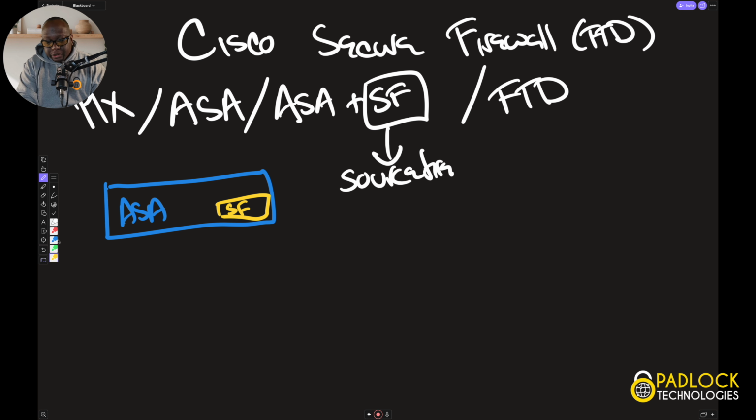So to get stuff to go to the SFR module, you would have to do some sort of service policy. You'd have to use what they call MQC, which is the Modular Policy Framework, MPF.